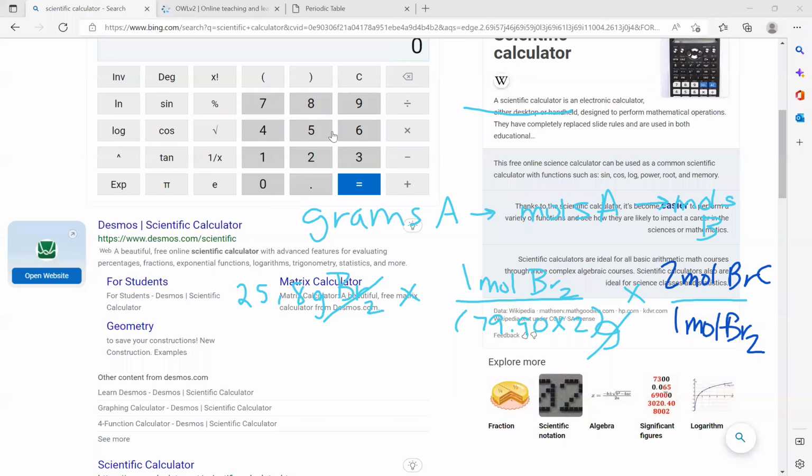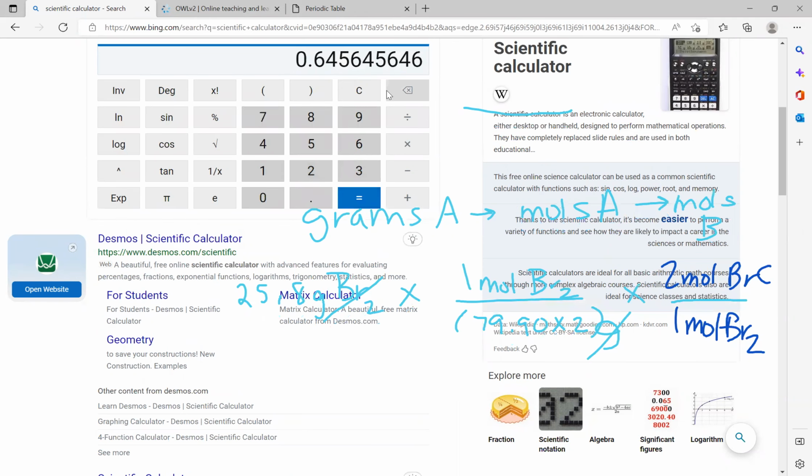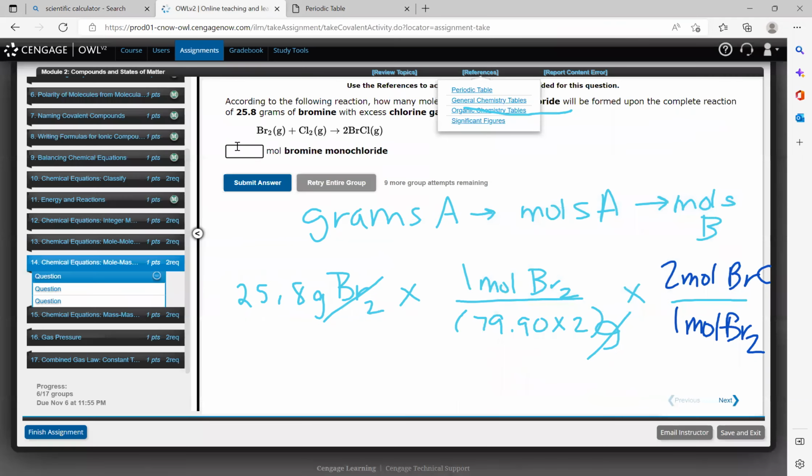Okay. We have 25.8 divided by parentheses 79.9 times 2. Get our answer. And then again, we're going to multiply that by 2. So our number comes out to be 0.646 moles. 0.646 moles of bromine monochloride.